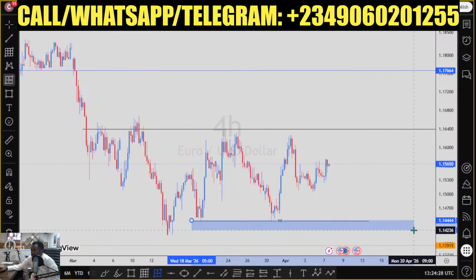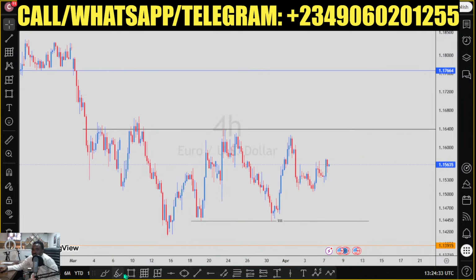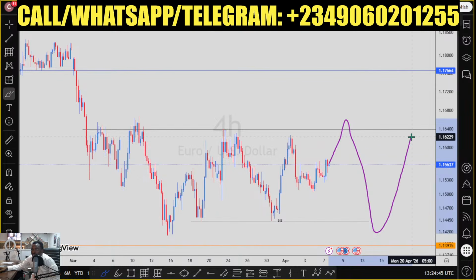You can see that. So price should either take out the buy side liquidity here and push all the way down, or take out sell liquidity outright here and push all the way up. That is if price would continue in a sideways market structure.